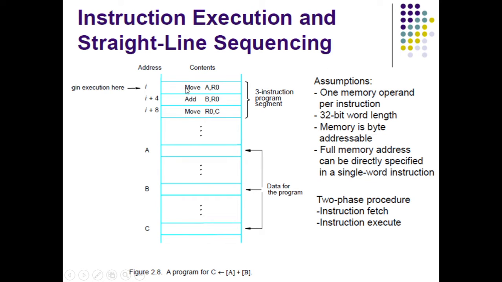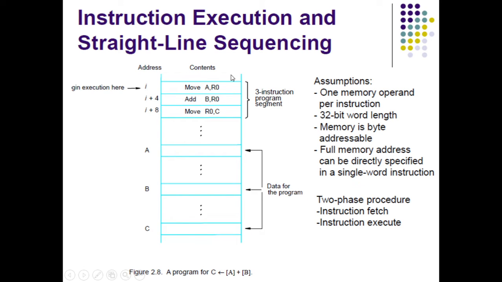That means for storing a single instruction, it uses 4 consecutive bytes. A total of 32 bits of information is used for storing a single instruction. That is why the first instruction is pointed to by a label I, and the next consecutive instruction is available after jumping 4 consecutive bytes, that is, at location I plus 4, and the next one is available at I plus 8.